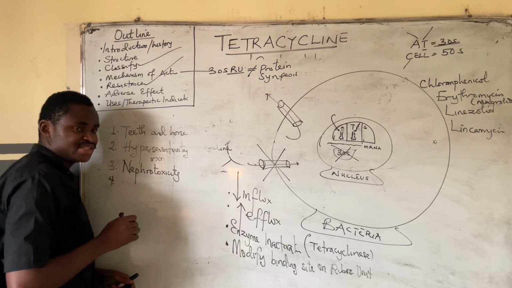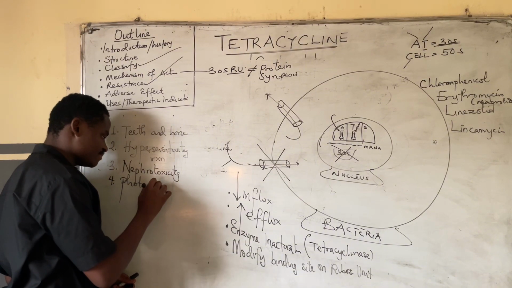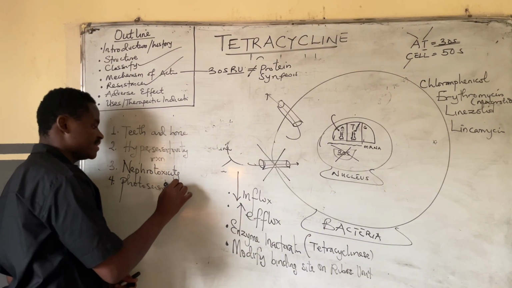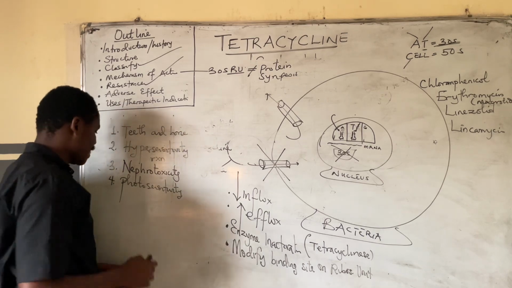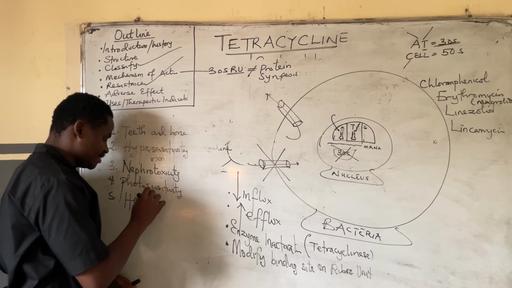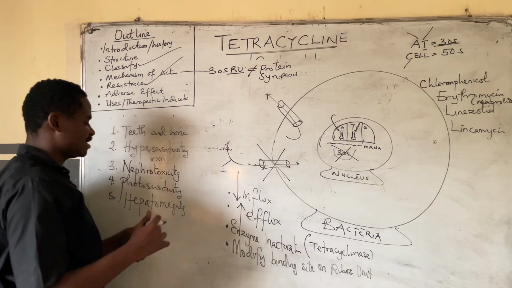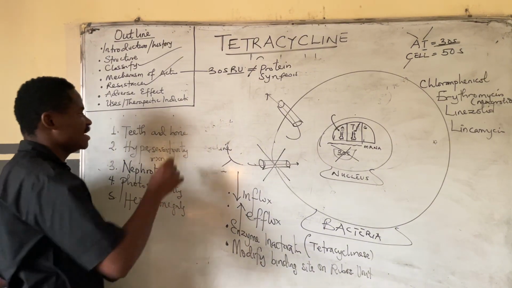Okay? Tetracycline also causes photosensitivity. So the person has some sunburns. Tetracycline also has some effect on the kidney. So hepatomegaly, that's the kidney increases its size and a whole lot.